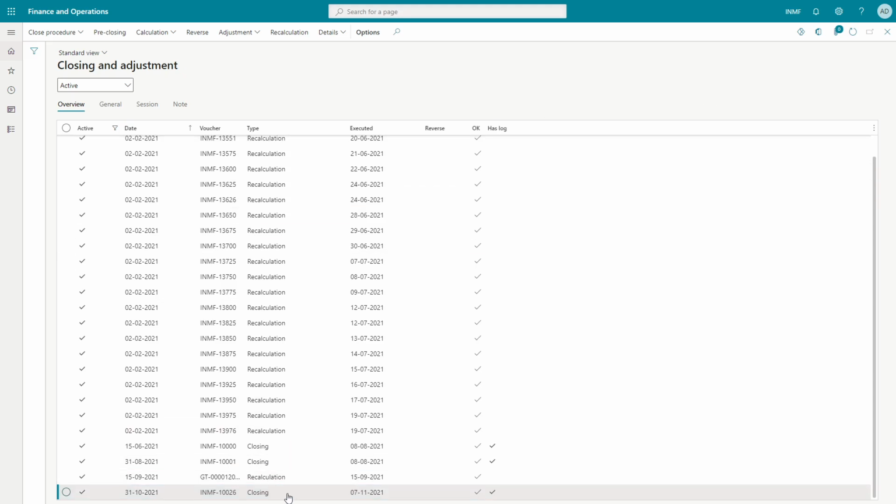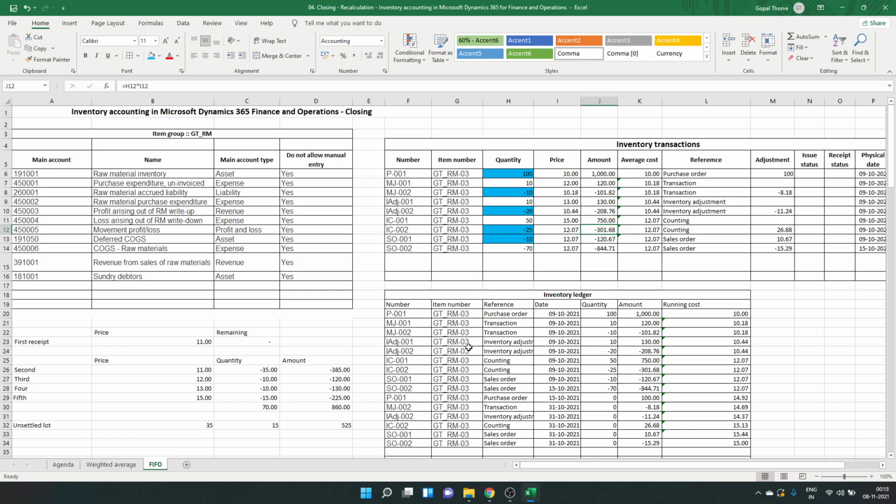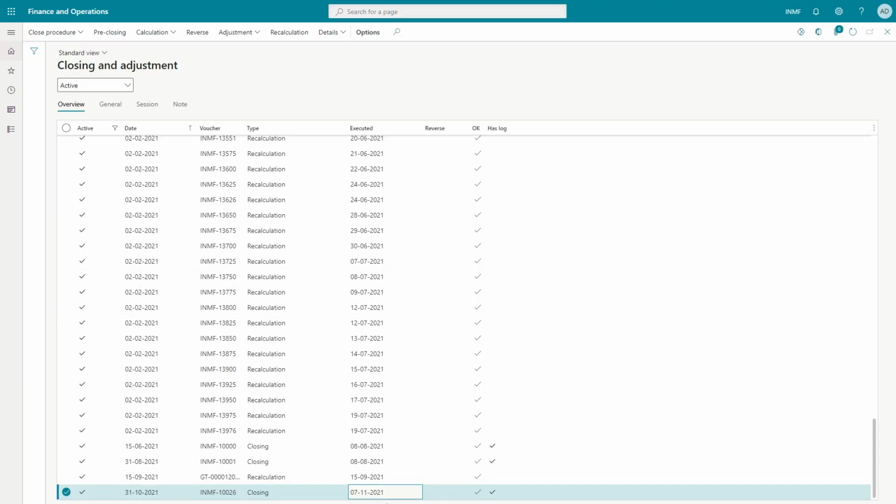Hello, so the inventory closing is executed. Now let us see what has happened and how the system has posted the adjustment transactions. I will just copy the item from the Excel sheet. For this, the very first thing, we'll analyze the accounting voucher.